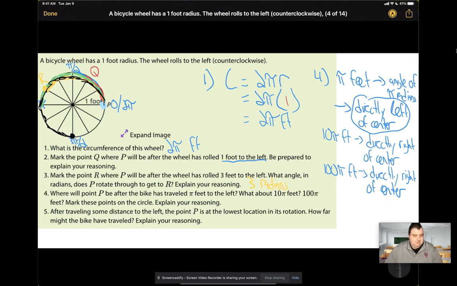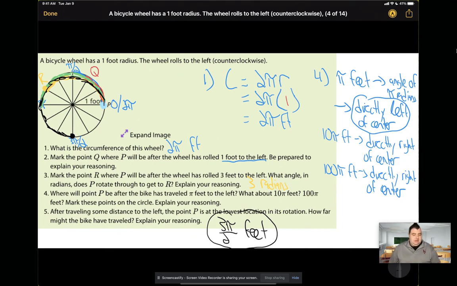That's directly down from center, which is an angle of 3 pi over 2 radians. So the angle is 3 pi over 2 radians, which means the distance is going to be 3 pi over 2 feet. So 3 pi over 2 radians means 3 pi over 2 feet.